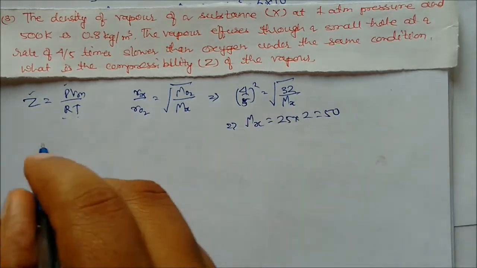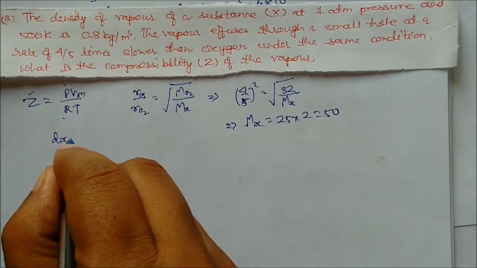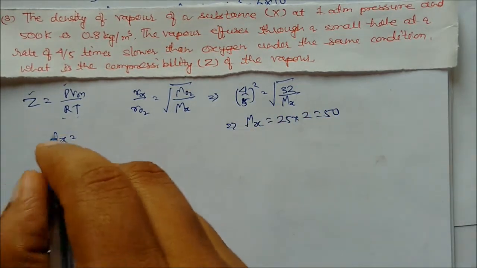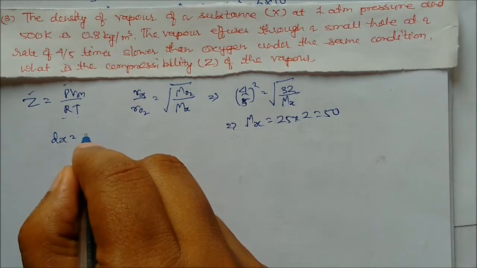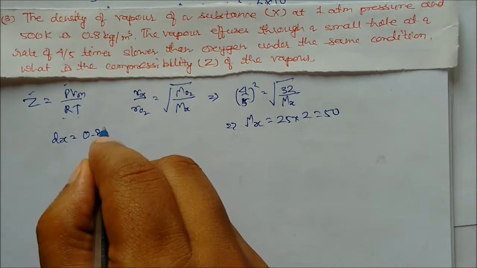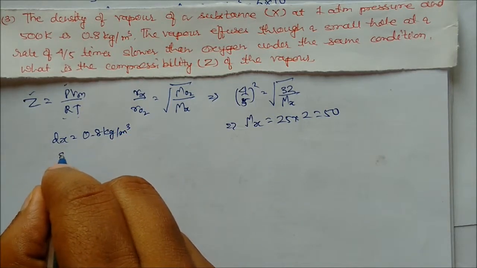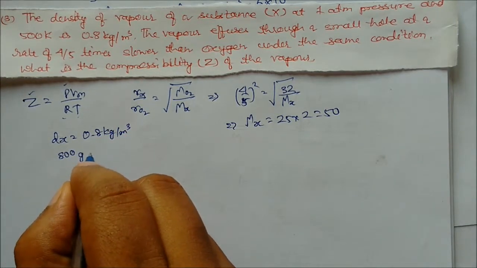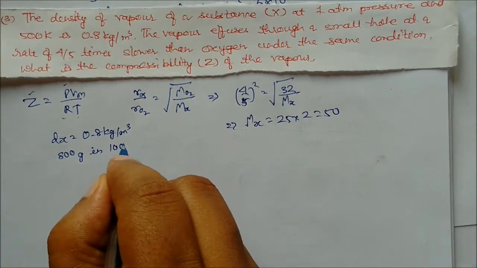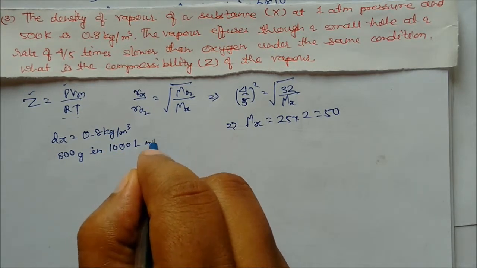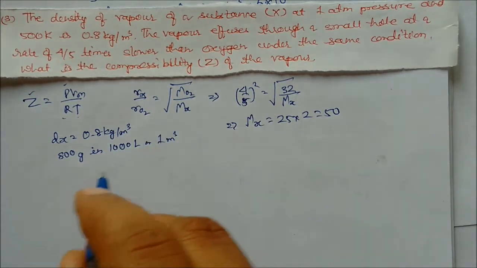Okay, now one more thing: density of X is given, and molecular mass we know. The density of that vapor is 0.8 kilogram per meter cube. So this means if you take 800 gram in 1000 liter or 1 meter cube, we know the volume.